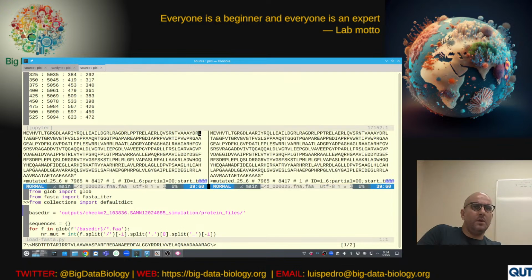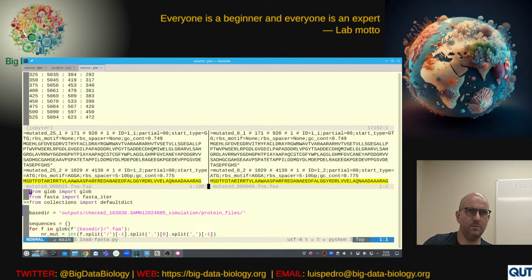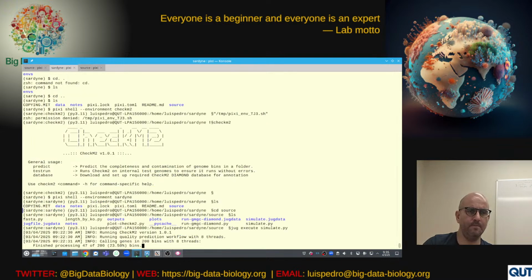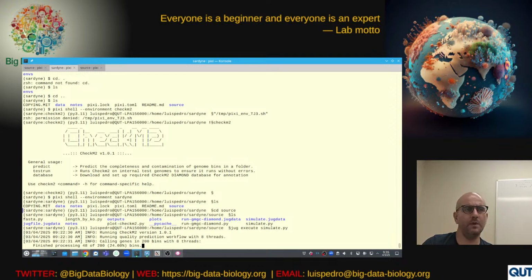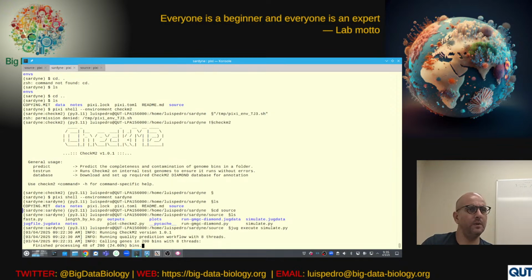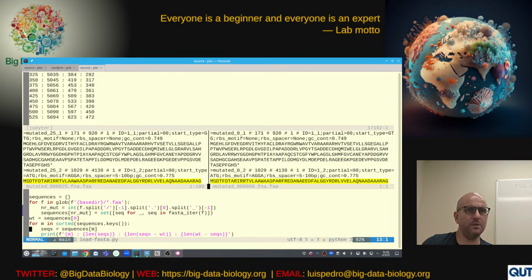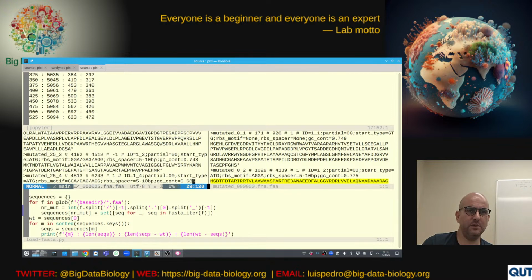How do I do this? Okay, I'm a bit confused. I didn't expect this to be still running. I expected that if we had 25 mutations, we would have 20 interrupted genes.